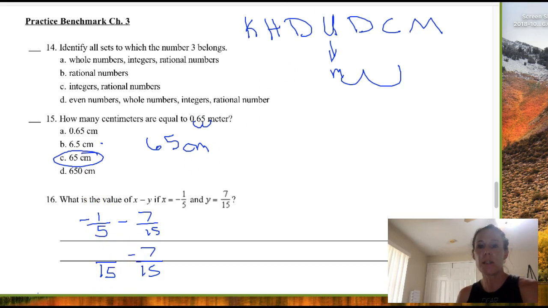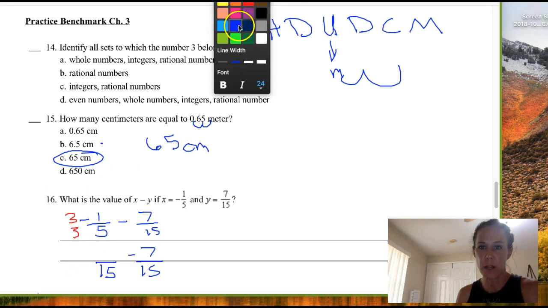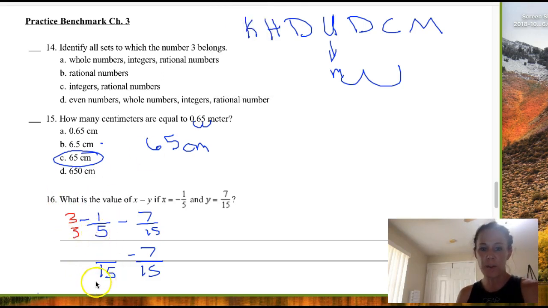Now to get this to have the common denominator of 15, I need to multiply the top and the bottom by 3. Multiplying top and bottom by 3 is the same as multiplying by 1, and I haven't changed my value, so I'm good. 3 times 5 gives me 15. 3 times negative 1 would be negative 3. Now I've got common denominators. I can add or subtract.